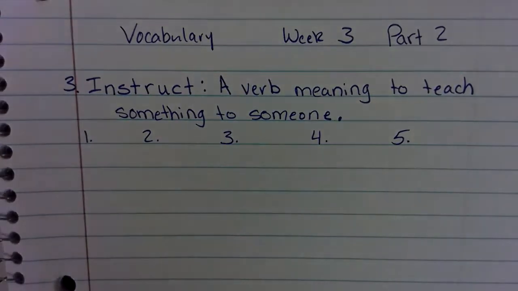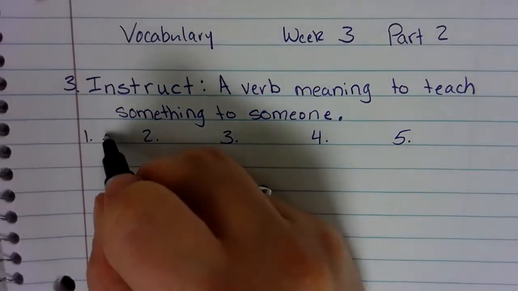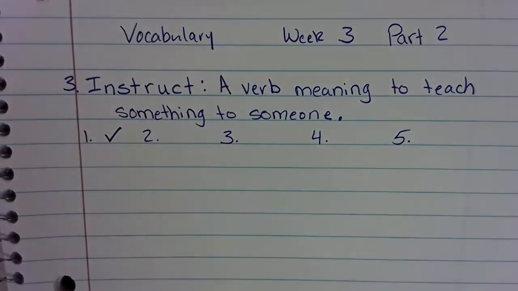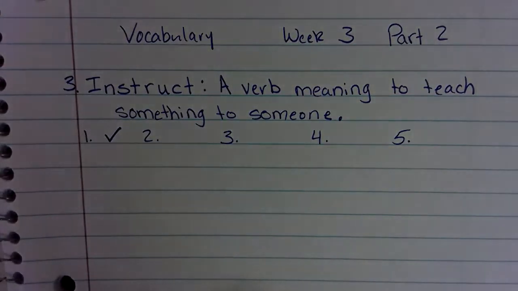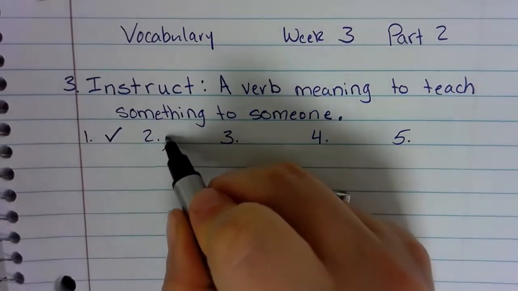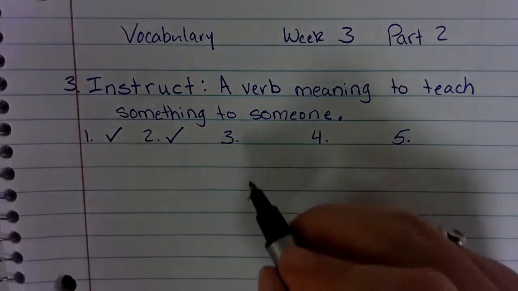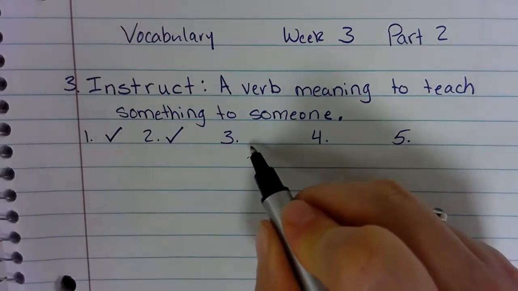All right, let's go over the answers. Number 1, train. Check. If you're training somebody or something like a puppy, you train your puppy, you're teaching them. Number 2, tutor. Check. If someone was to get tutored in math, someone would be teaching them math. Learn.